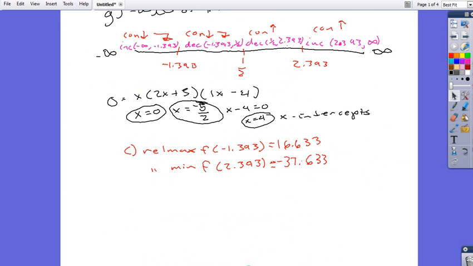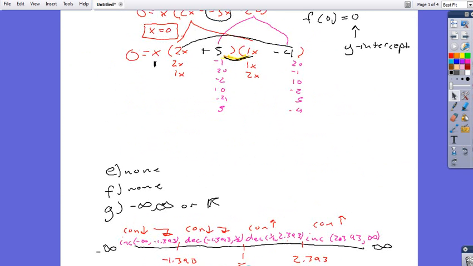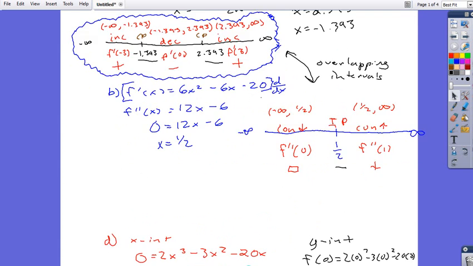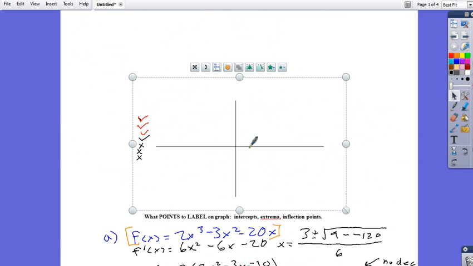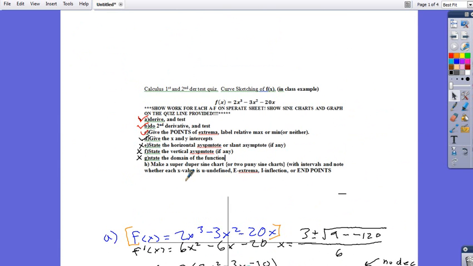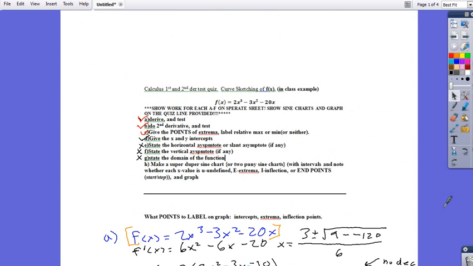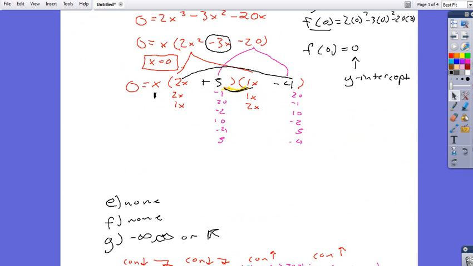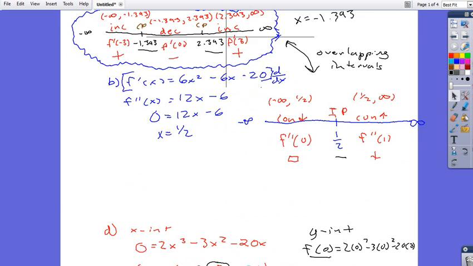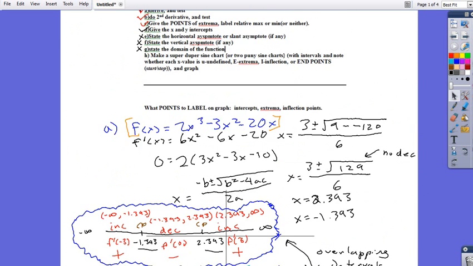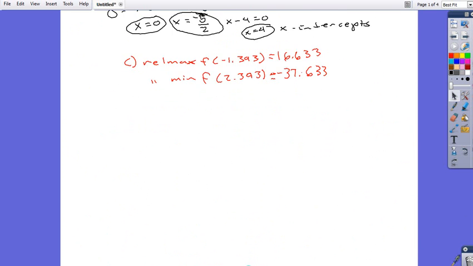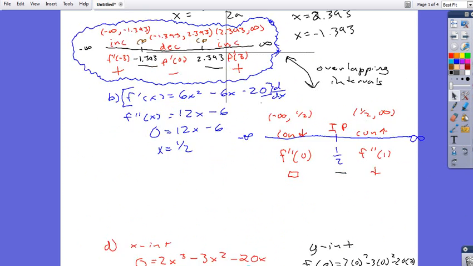Not really pasting where I want to paste, that's okay.